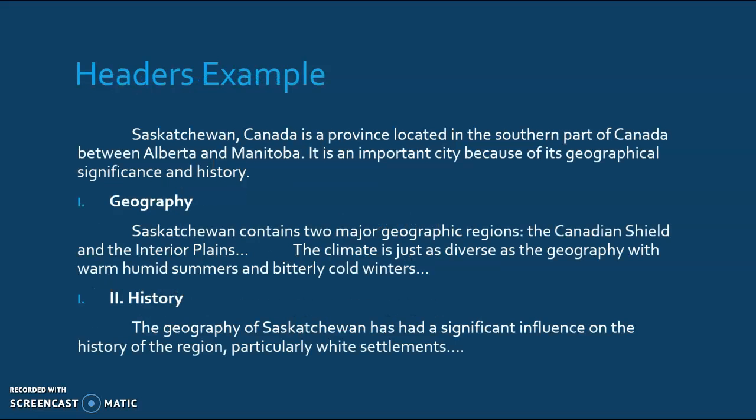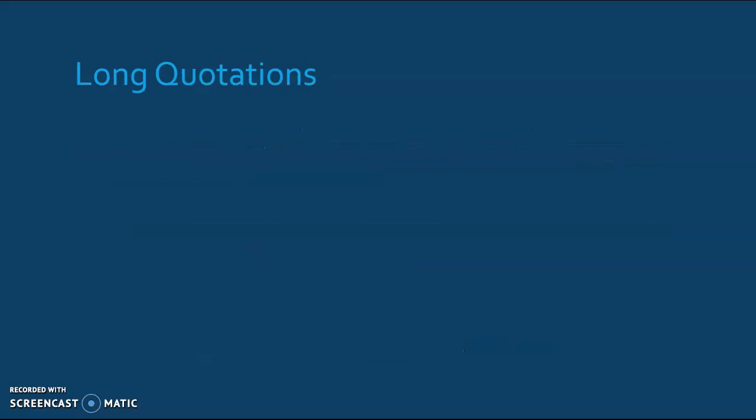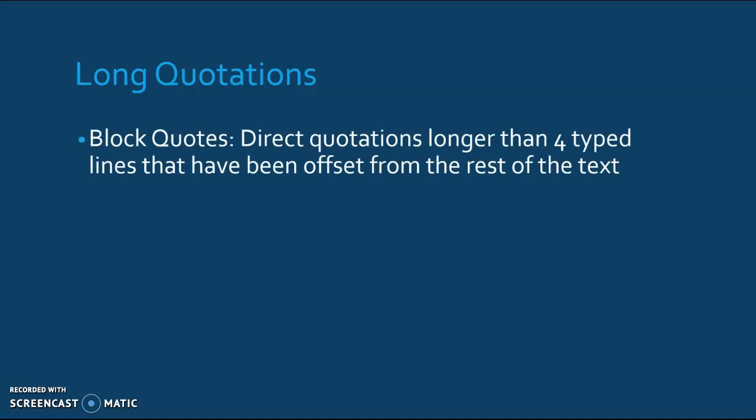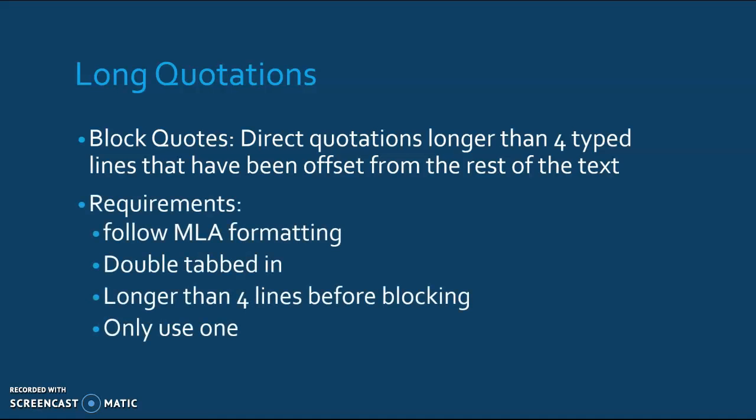You don't want that. So just an example, you have to imagine that there's multiple paragraphs involved in each section. The other thing that you can do to help make your paper a little bit longer is include one block quotation. A block quotation is any quote that's longer than 4 typed lines. You have to block it away from the rest of the text by using MLA format.